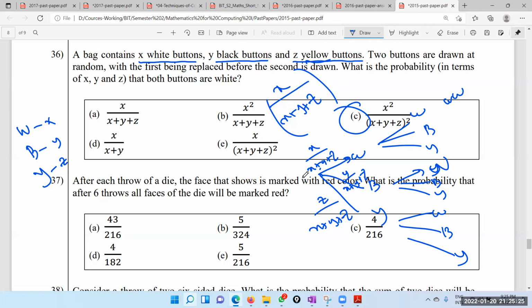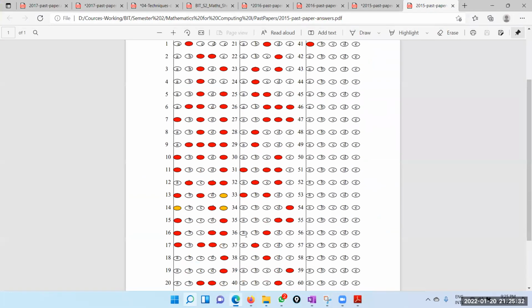Answer is C. Question 36, 2015, answer is C. Correct.